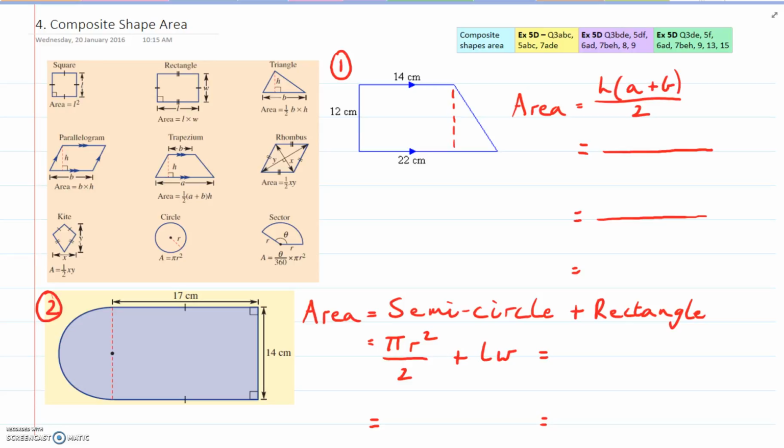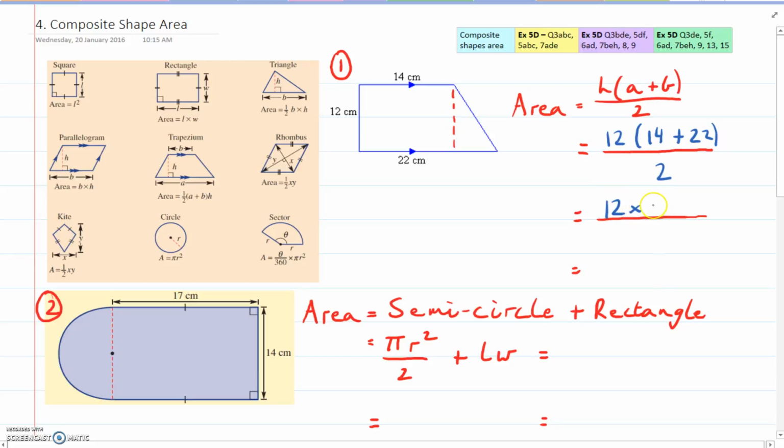This is actually just a trapezium, so we can calculate it as such, which means the height is 12, times the value of A, which is 14, plus B, which is 22, all divided by 2. Of course, you could do this as a triangle and a rectangle, but this is probably just a bit easier.